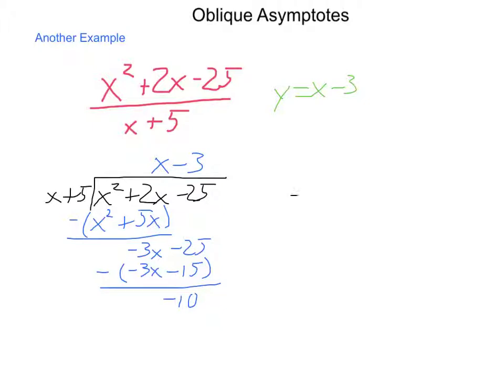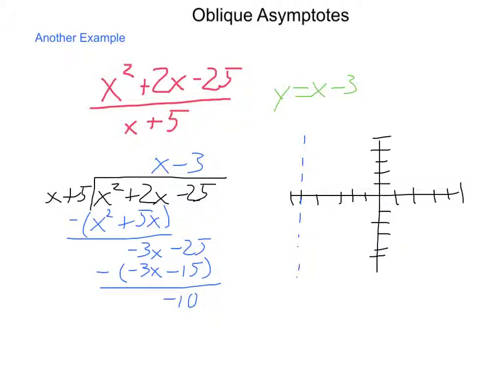So again, a quick sketch. We have a vertical asymptote at negative 5. We have an oblique asymptote at y equals x minus 3.